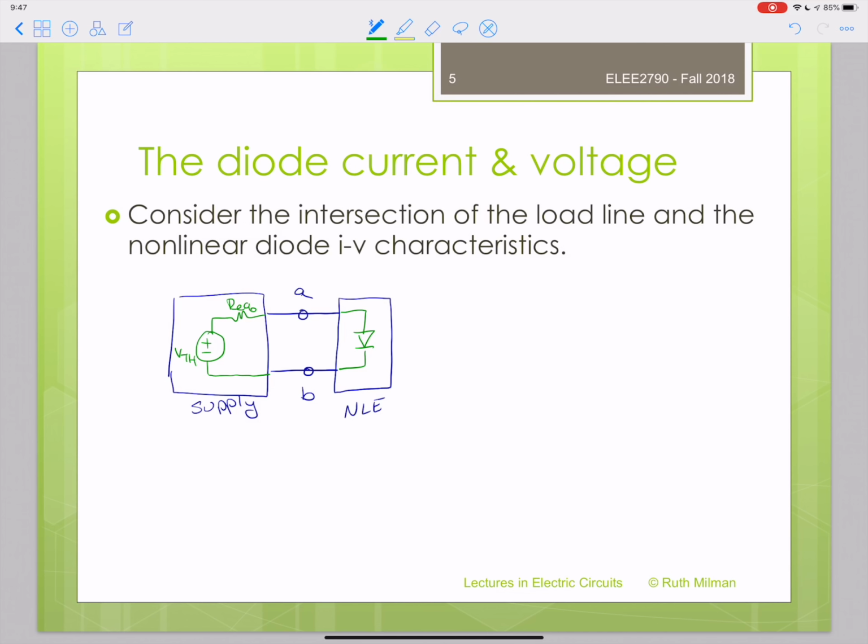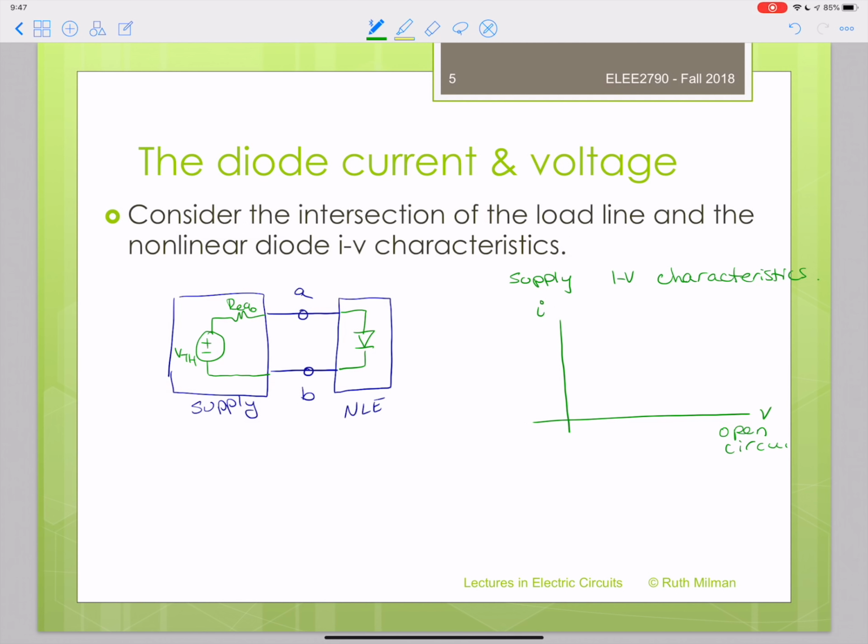So let's start with the behavior of the supply. The supply has linear current voltage characteristics. Let's look at what these are. Well, here's our voltage, here's our current. We know that when we have an open circuit, then we have no current running through.